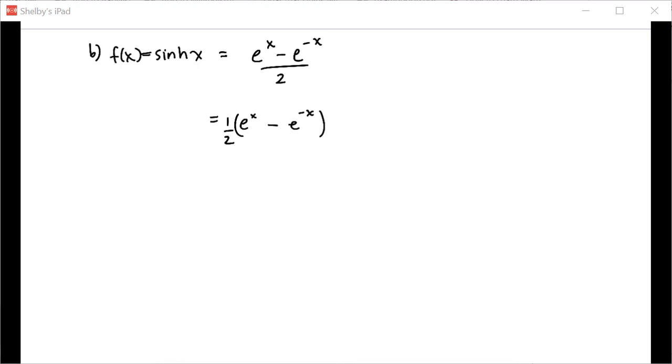Okay, so now I'm thinking about my properties of power series. What if we did 1/2 times the power series of e to the x minus the power series of e to the negative x?